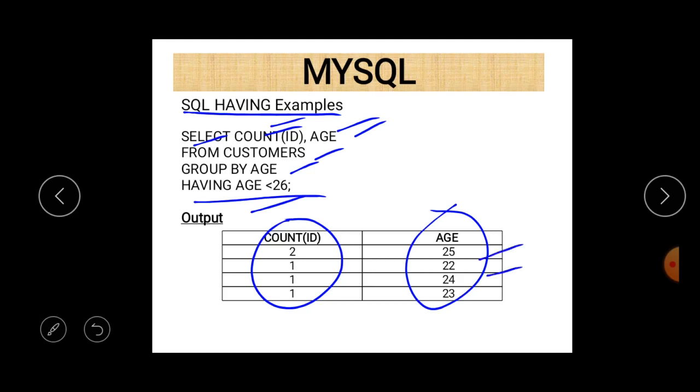So now you can easily see that all ages are less than 26, and group by forms groups on the basis of age, and this is the count column related to that.